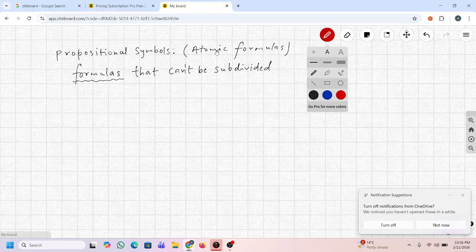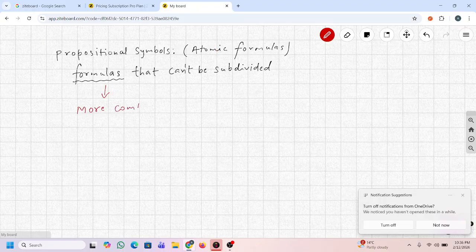And how are we going to derive them? Using connectors.